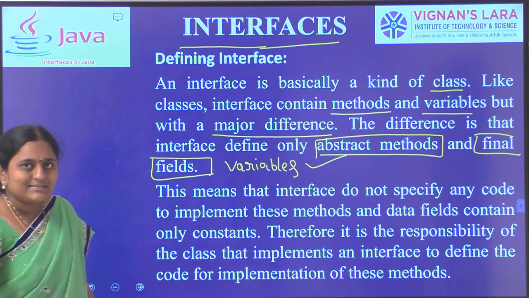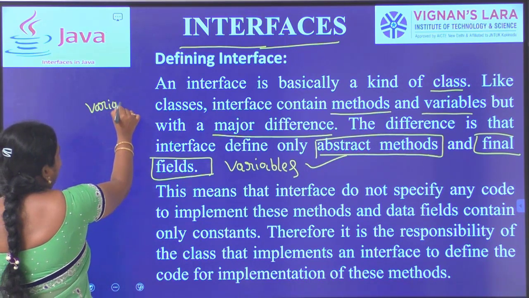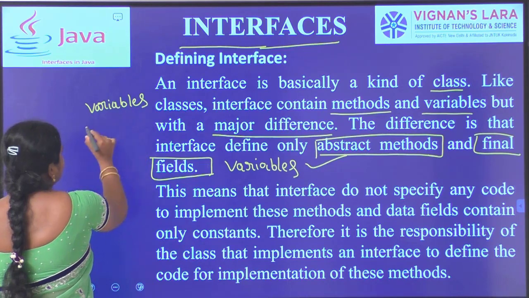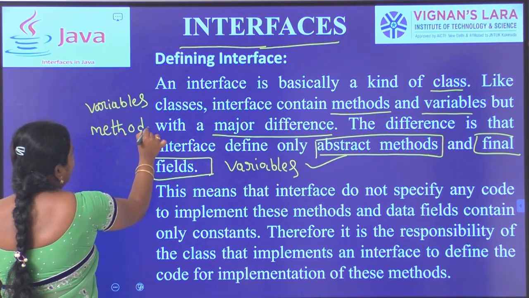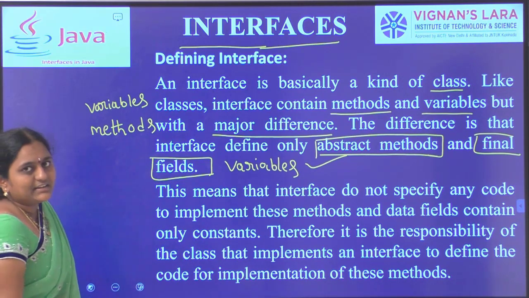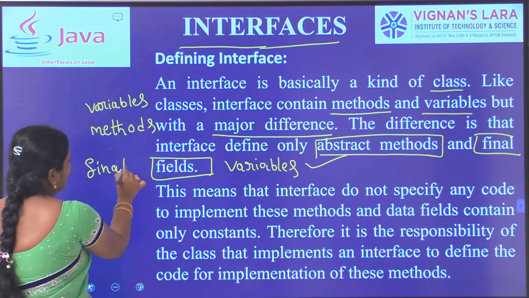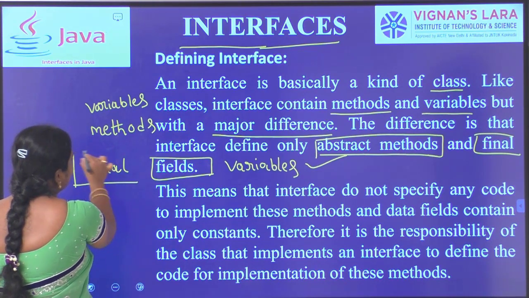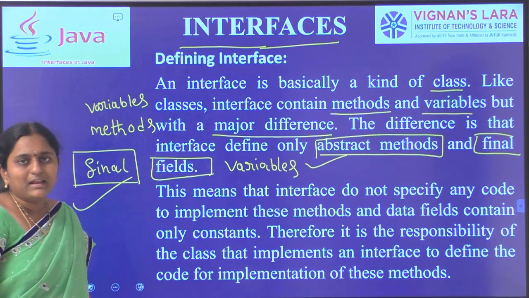Like a class, an interface also contains variables and methods. Variables can be defined within the interface, but they must be final variables. In the previous class we have seen the final keyword.